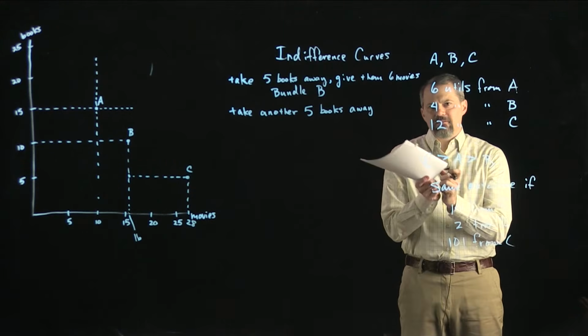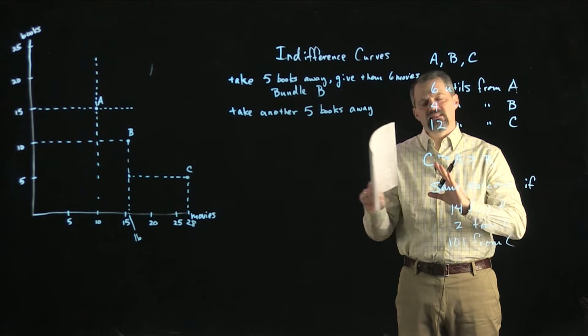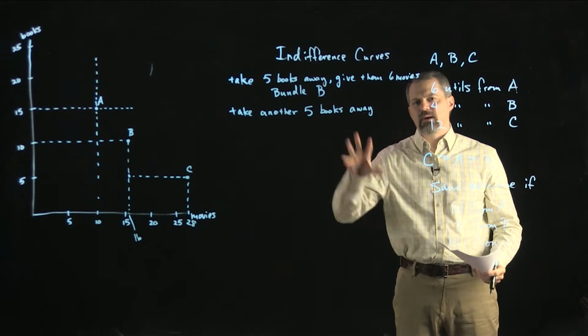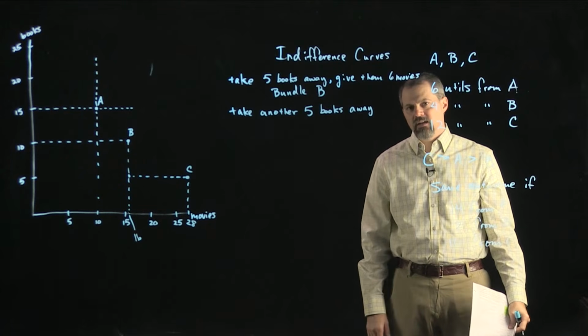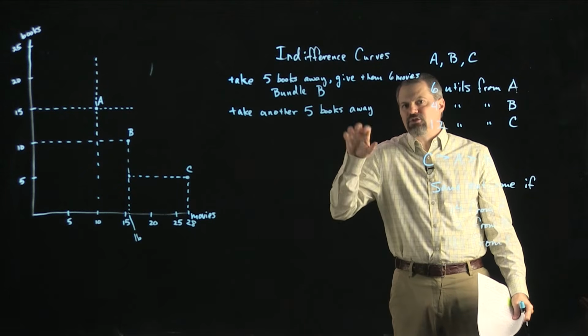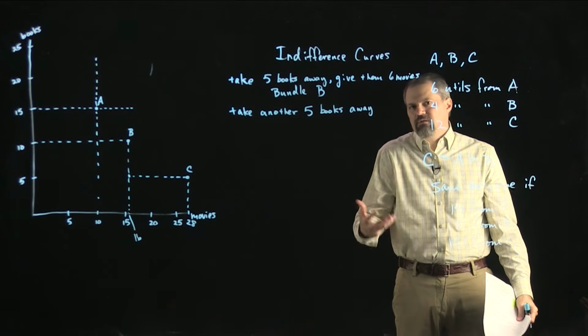So the more of the books we take away, the more we have to compensate them. This is the same idea as why the best bite at the buffet is the first bite at the buffet. As you have few bites, you value them more. If you've already got a lot of them, you value them less.